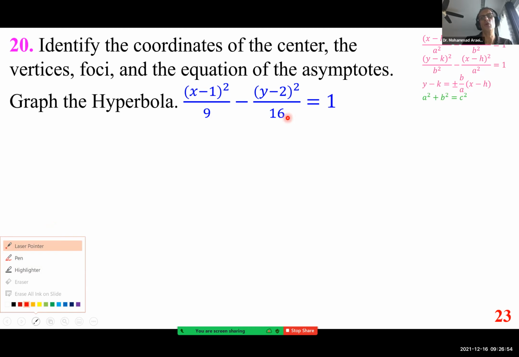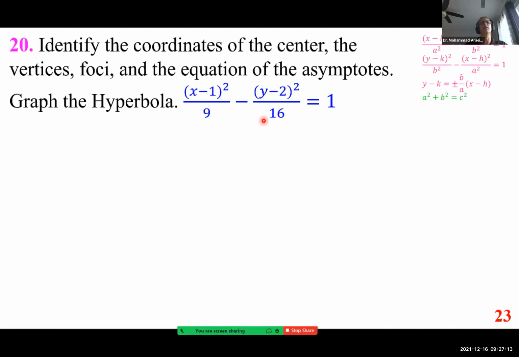Okay. So comparison, we can see the center is located at 1, 2. a is the square root of 9, which is 3. b is the square root of 16, which is 4. Again, this is the standard form with a different center, centered not at the origin.